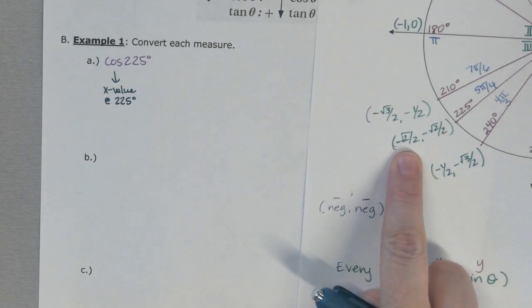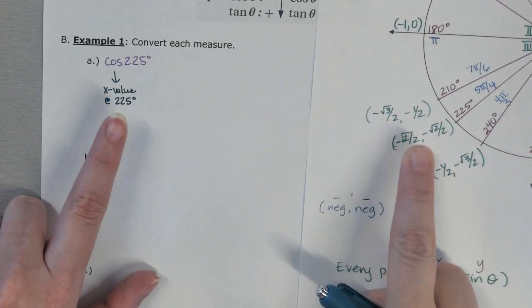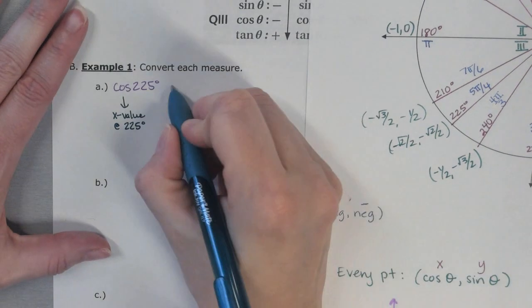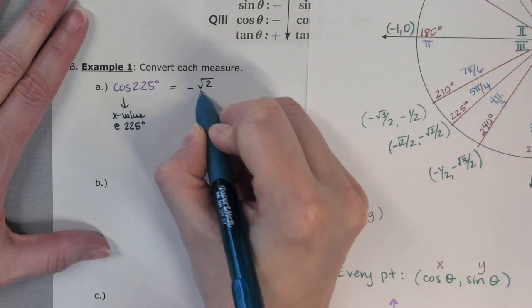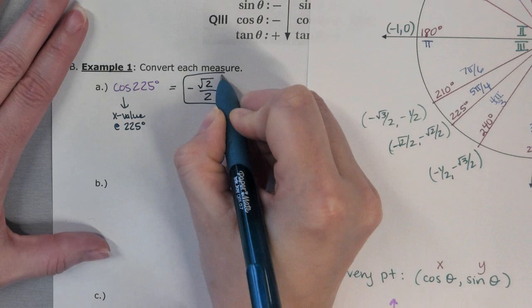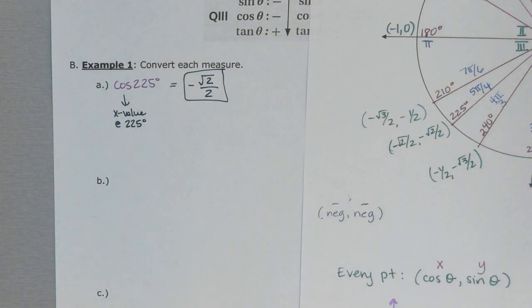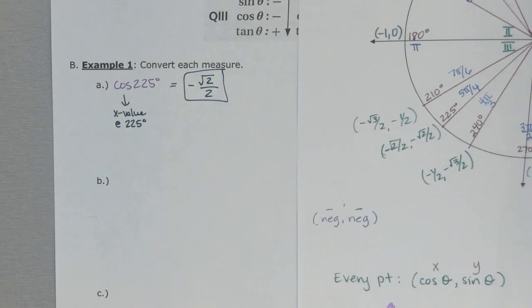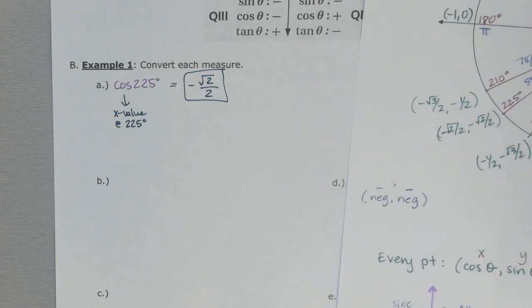Yep, so if that is your x value at 225, your answer is just negative root 2 over 2. And yes, that's it. So you just have to interpret what the cosine means, what the sine means, what the tangent means.